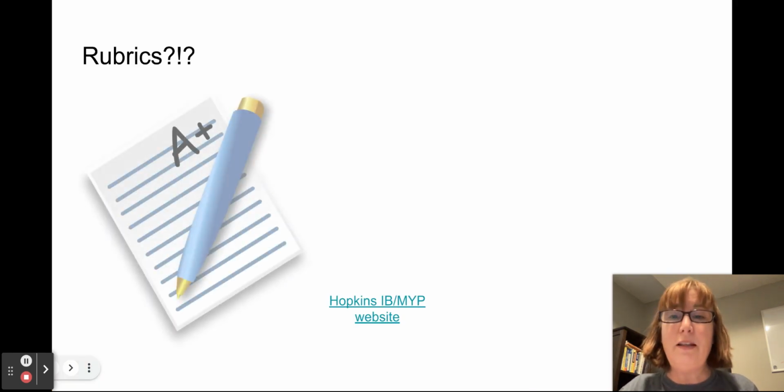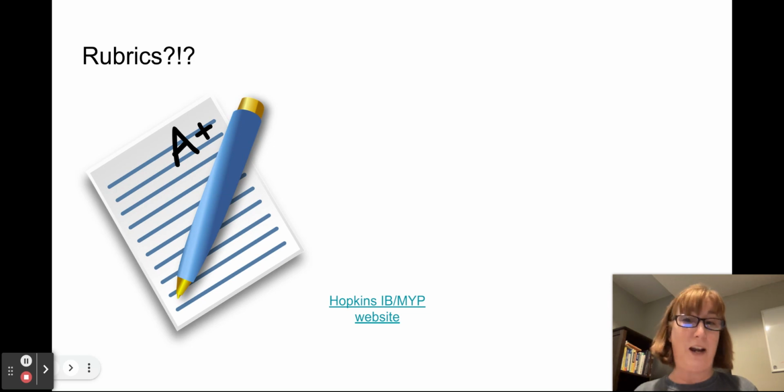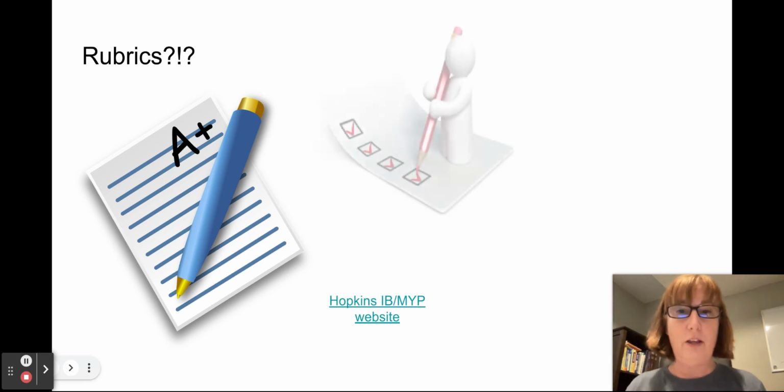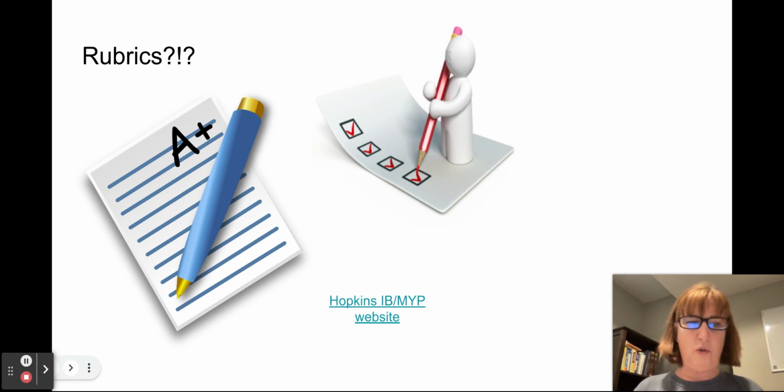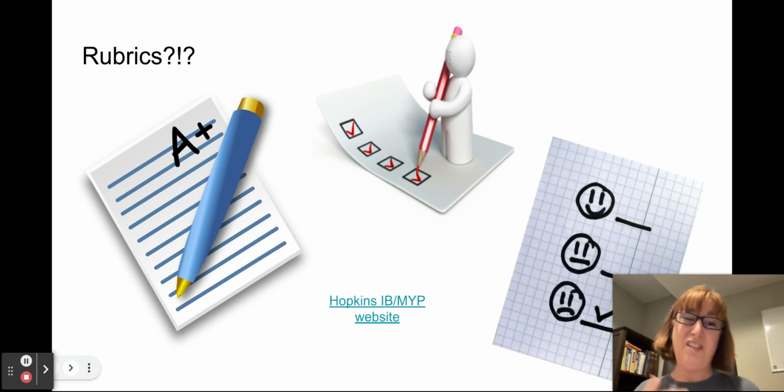So, rubrics are ways of keeping track of things, and we have all been scored in lots of different ways throughout our experiences as both students and as educators. And those rubrics and those kind of scoring practices can look really different from letter grades to checks to smiley faces. And a lot of times, as teachers, we think that students should know exactly what we mean by our system.